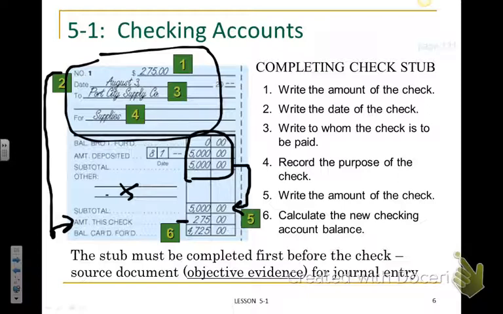And if we were doing a bank reconciliation at this point, it would match the bank reconciliation, this $4,725. So the stub is completed before the actual check is written, and then the check becomes a source document for the journal entry relating to paying this supplier, Port City Supply, for those supplies.